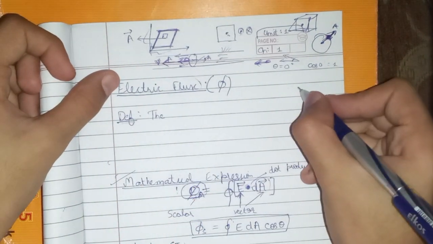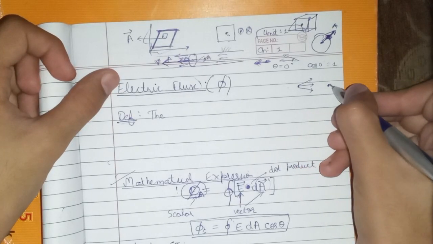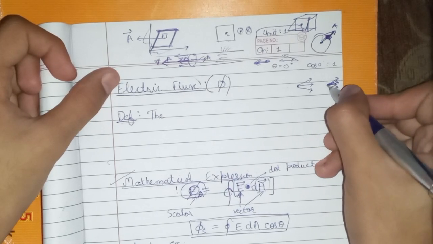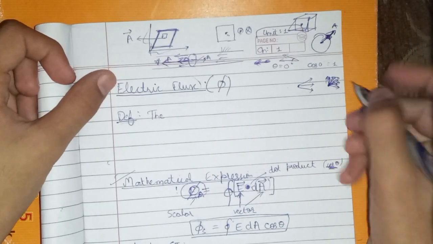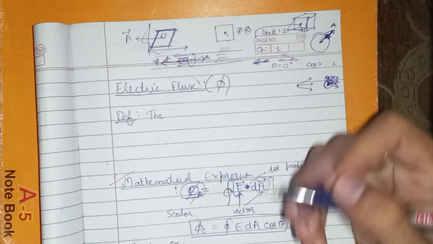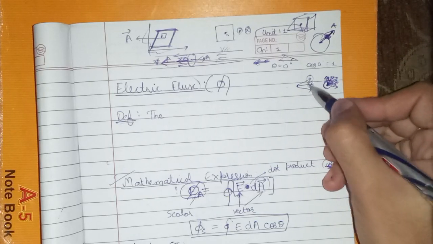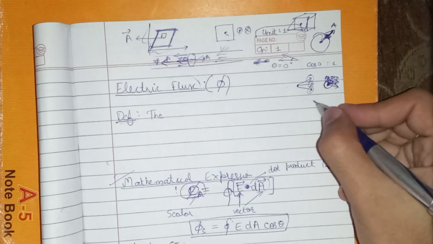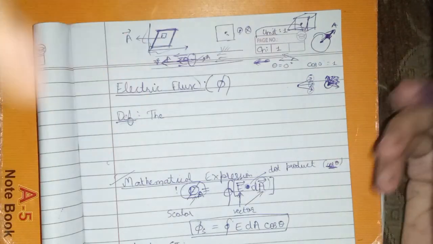For example, if a charge gives this electric field and another charge gives very condensed electric field lines, it means more electric field lines per area, so this charge must be more powerful. We could not tell you how much electric field is there, but we can if it's given that one line corresponds to this much electric field.